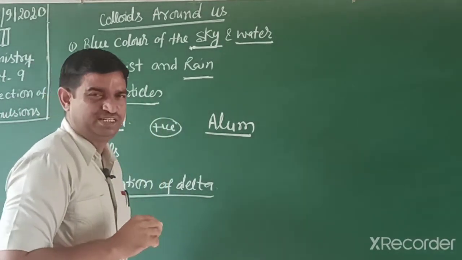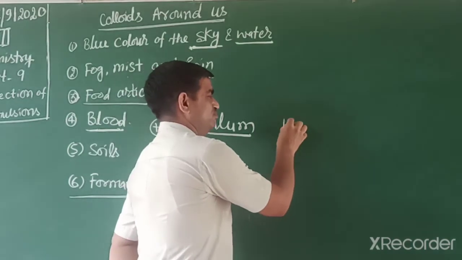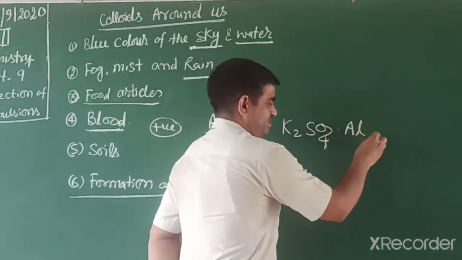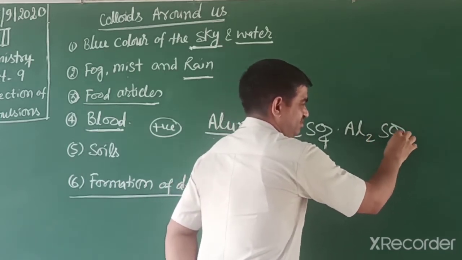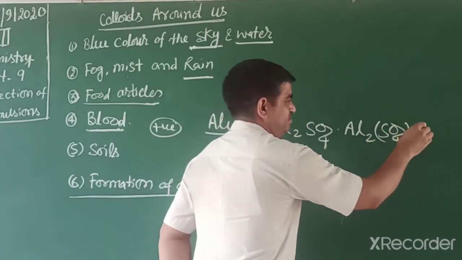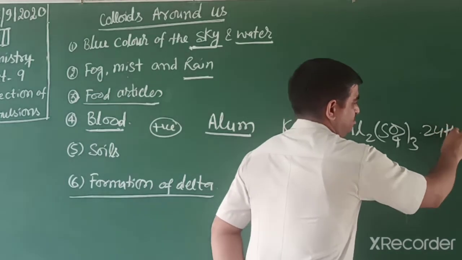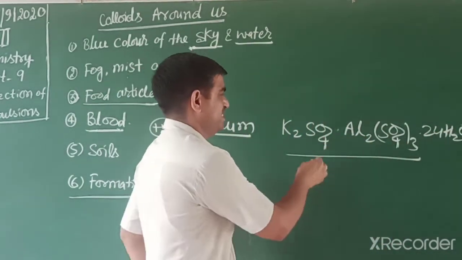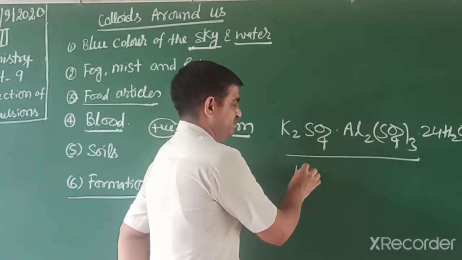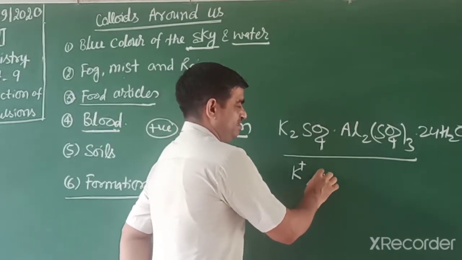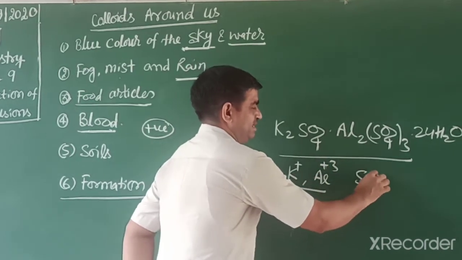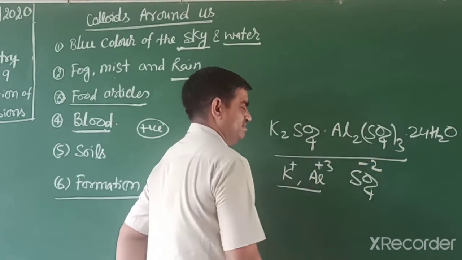The ferric ion adsorbs on the surface, and alum is potash alum, potassium sulfate, aluminum sulfate. We know this formula already, with 24H2O. When the salt dissociates, what type of ions does it release? It releases positive ions, potassium ion and aluminum ion, and the third ion released is the sulfate ion.